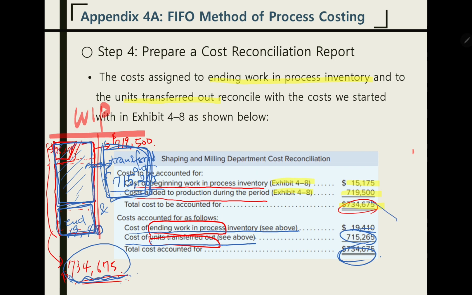Okay, now we reconciled the numbers in the exhibit 4-8 and the numbers that are computed for the dollar value of work in process inventory and units transferred out.